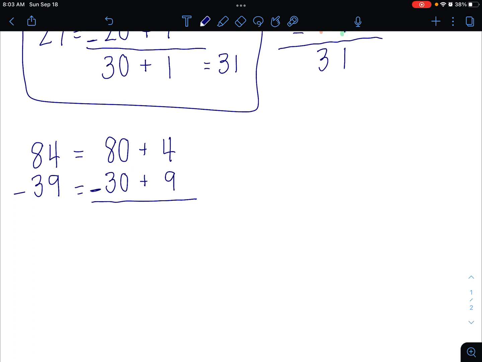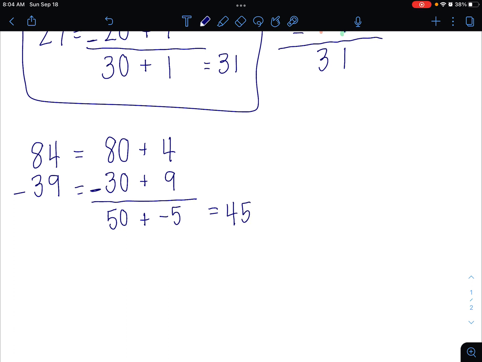Now we can't do 4 minus 9 and get a whole number. So 4 minus 9 is actually -5. And then 80 minus 30 is 50. So now we're actually taking 50 and we're adding -5 to get this answer because we would have to do some borrowing. So 50 plus -5 is actually 45.